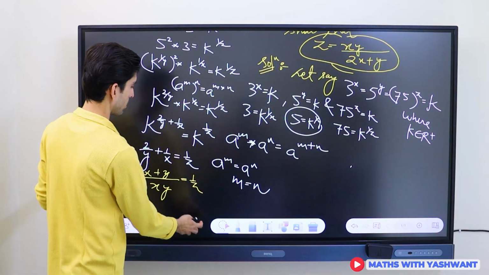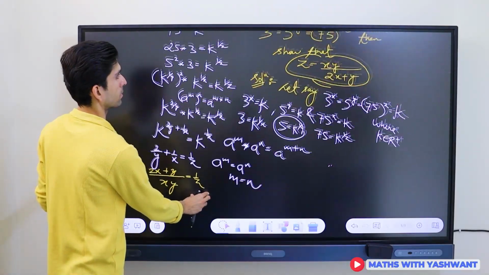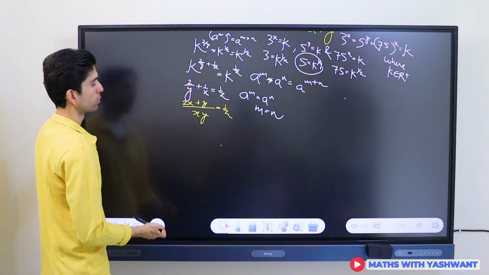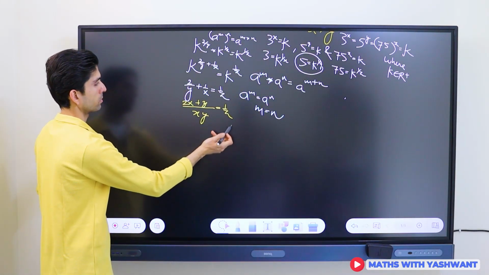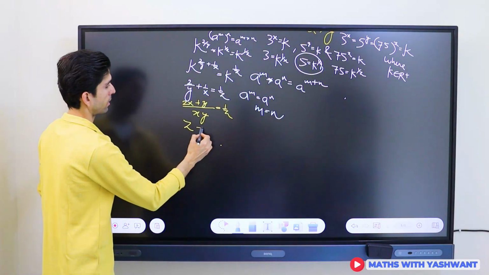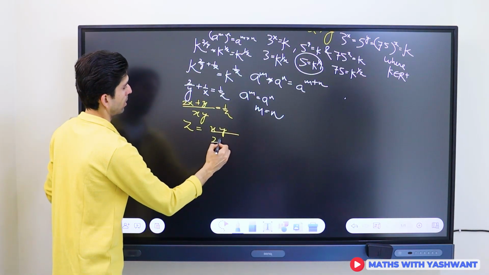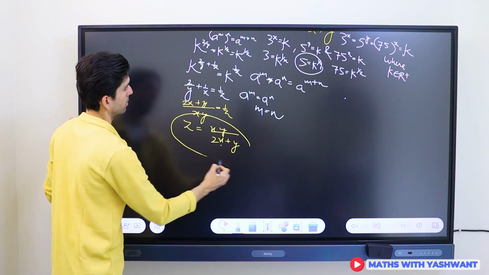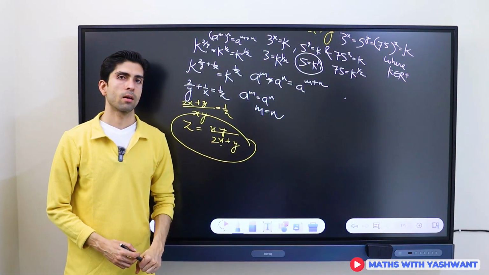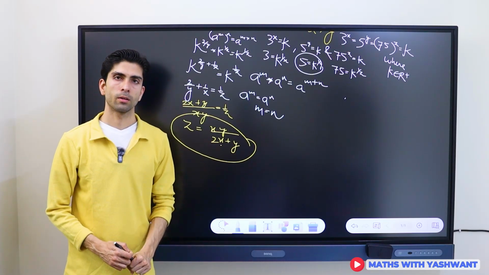Okay, and if you do the reciprocal, or cross multiplication, you will get z equals xy upon 2x plus y, right? So this is what we were supposed to prove, and that's all for today's session.